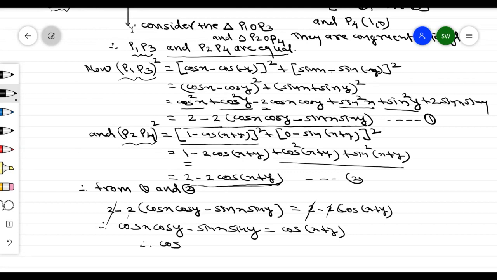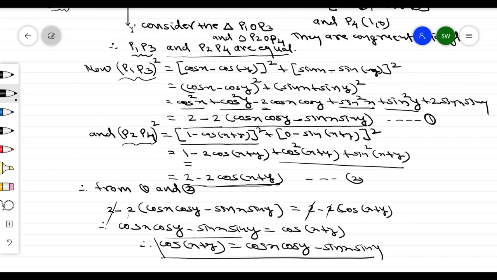Therefore, cos of x plus y equals cos x into cos y minus sin x into sin y. So student, this is the important formula, that is cos of x plus y.